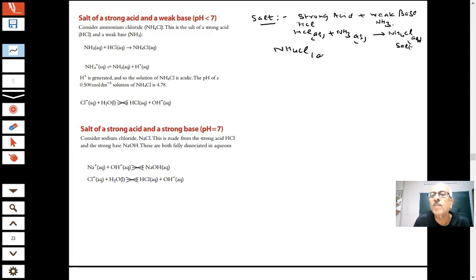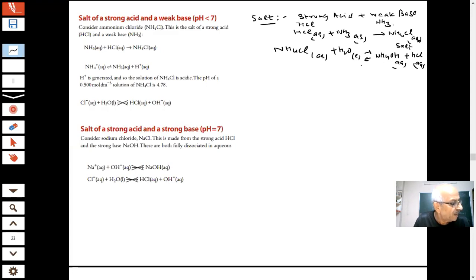If it is hydrolyzed, what will happen? It will react with water and form NH4OH and HCl. It will give back the base and acid.